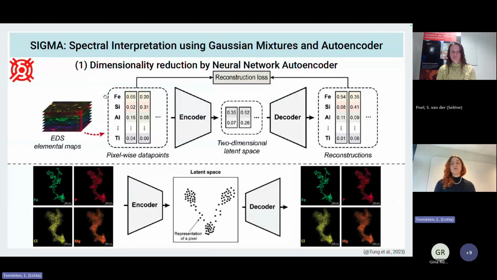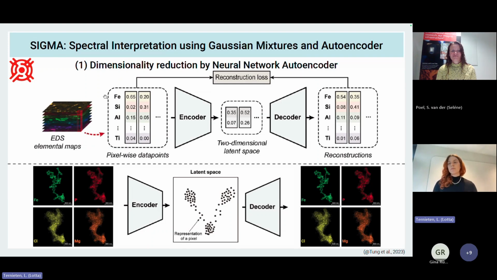And for this, I was using a software package called Sigma, which was developed within the Excite network, and it's freely available to use. And really simple, what Sigma does is combine an autoencoder with a clustering model that automatically identifies distinct phases or so-called clusters in a hyperspectral data set. So very simple, it does 2 different things.